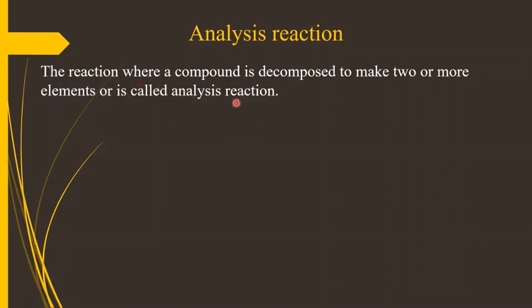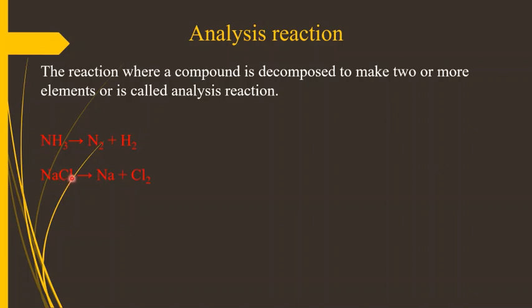The reaction where a compound is decomposed to make two or more elements, that is called analysis reaction. Look here, ammonia is broken to make nitrogen and hydrogen, both are element. So this decomposition reaction is also called analysis reaction.